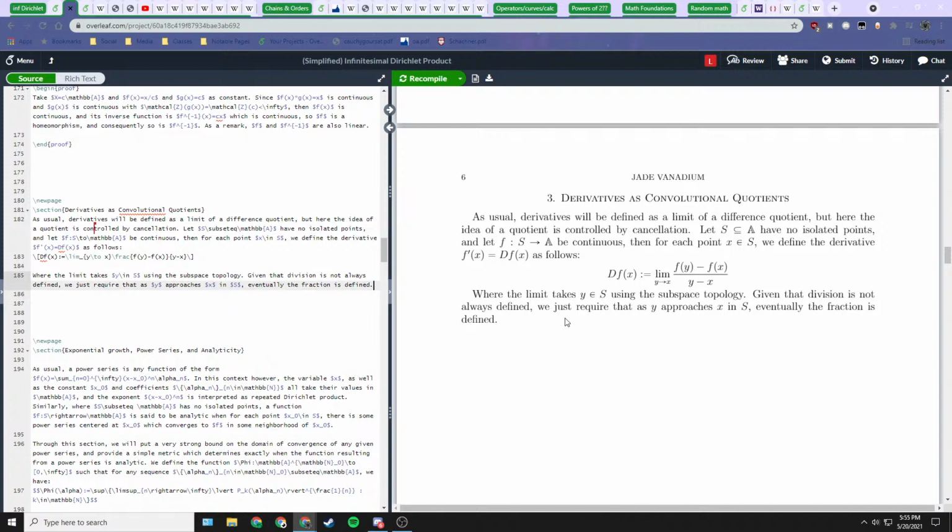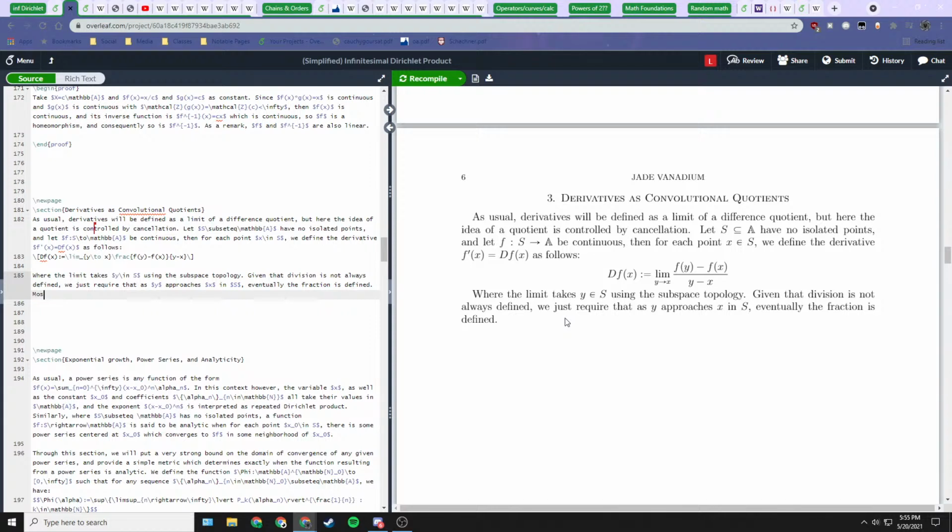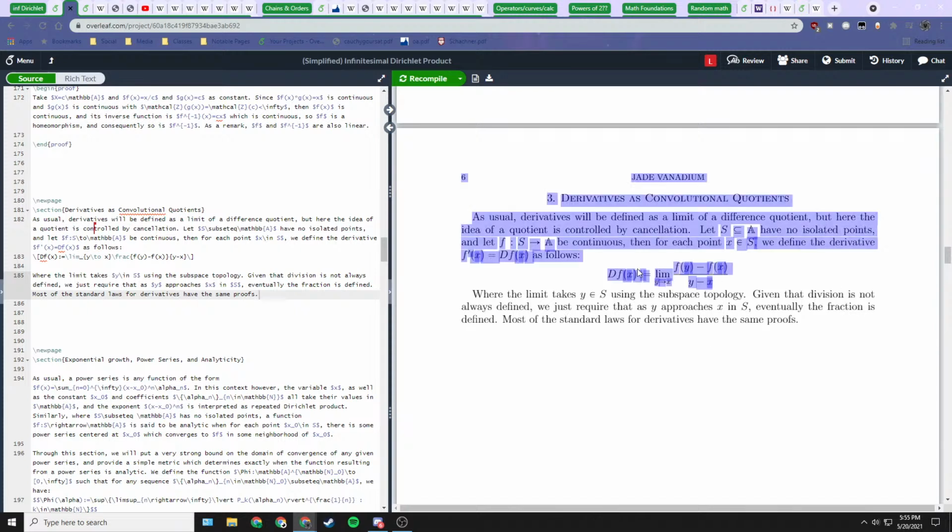So the normal derivative properties are pretty straightforward. Most of the standard laws for derivatives have the same proofs. Something to notice here is that the specific way I'm defining this, we haven't made very many assumptions on the space S. We haven't assumed that it's open.